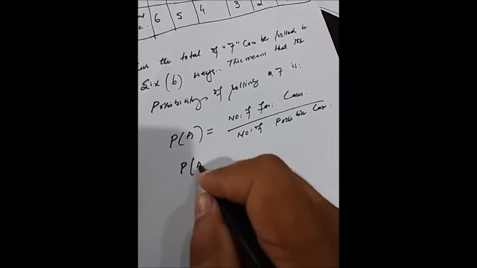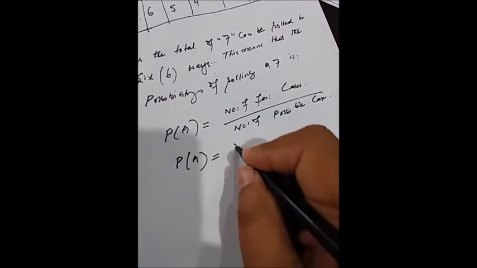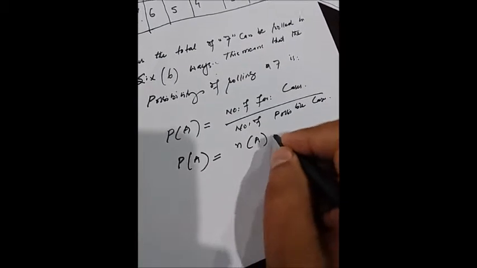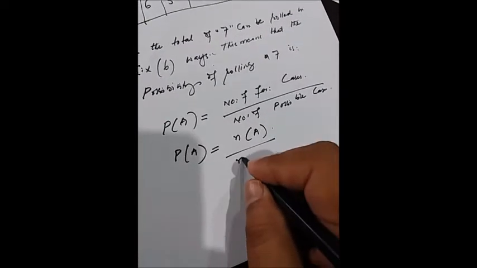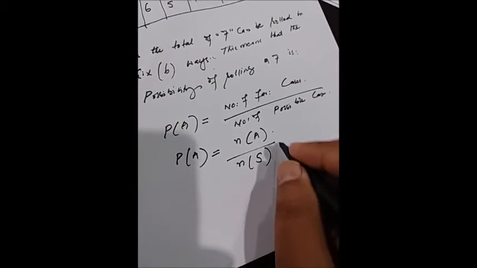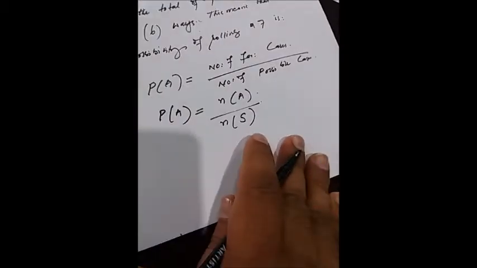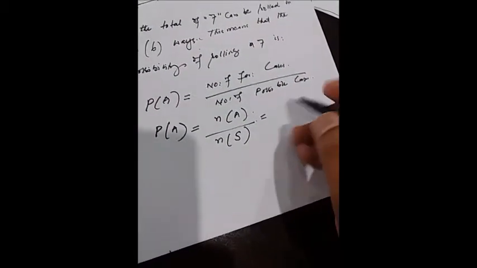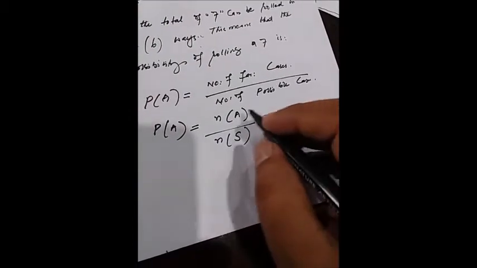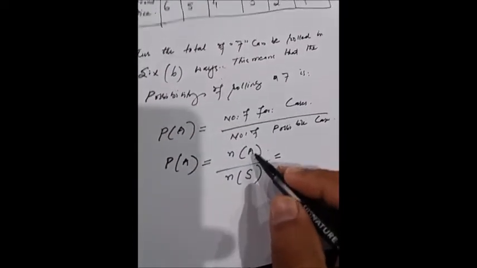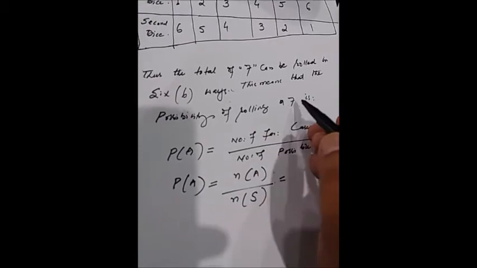So the probability of A is the number of elements in A divided by the number of elements in sample space S. Now how many ways are there of rolling 7? We have 6 ways.